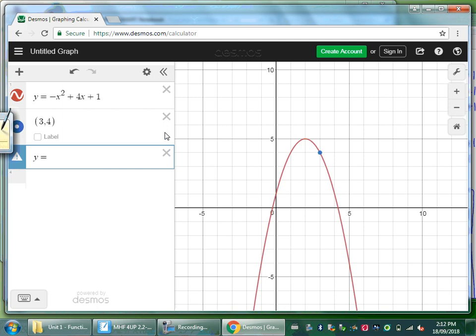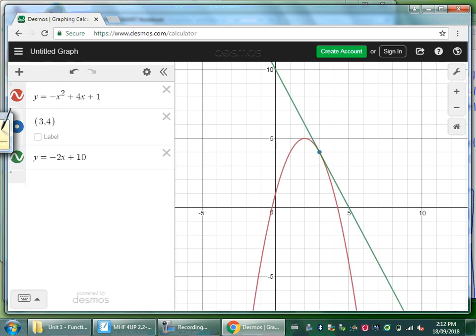And then we just found y equals negative 2x plus 10. Does everything fit into place here? There was the function. We plotted the point 3, 4. We want to find the tangent line. The line y equals negative 2x plus 10 is the perfect tangent at that point.